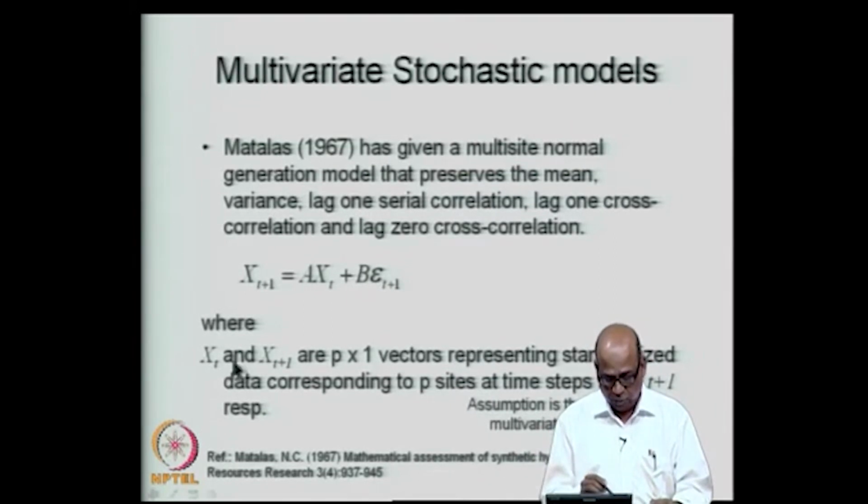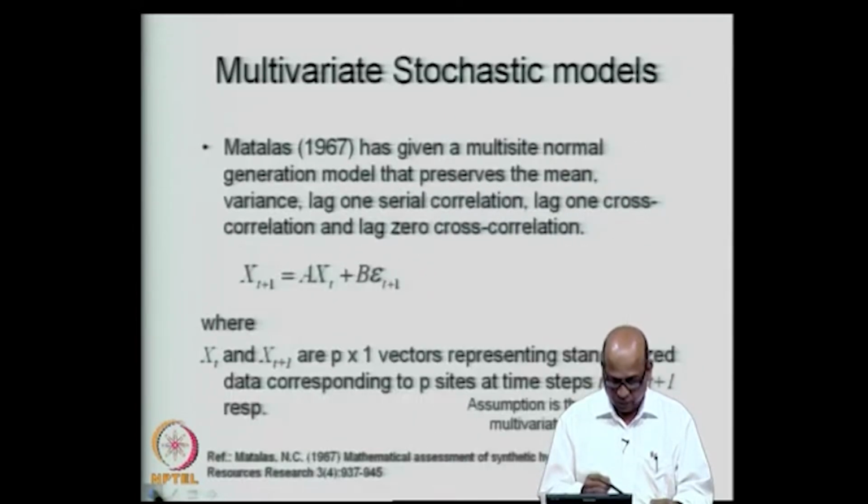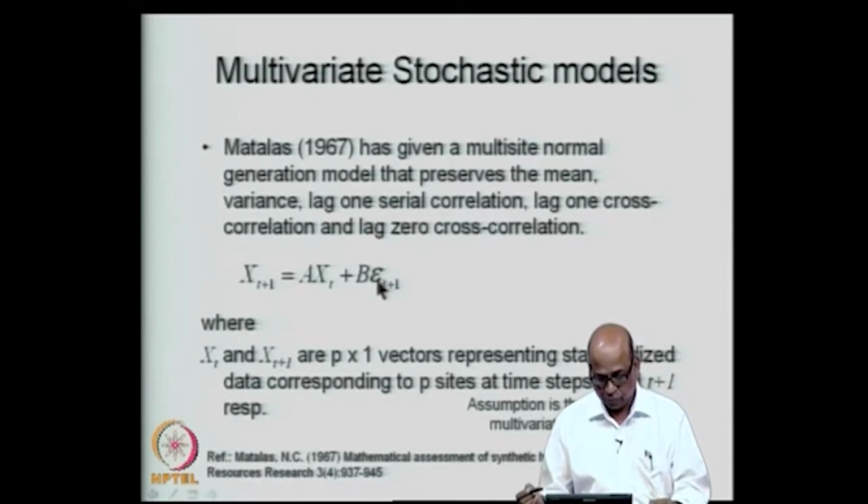So x t is known and x t plus 1 is known, and these we standardize, meaning deduct the mean and divide by the standard deviation. These are known. Now, we have to determine the matrix A as well as the matrix B. So, let us see how we do this.